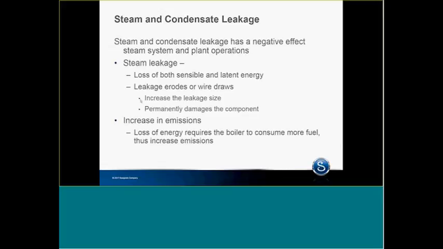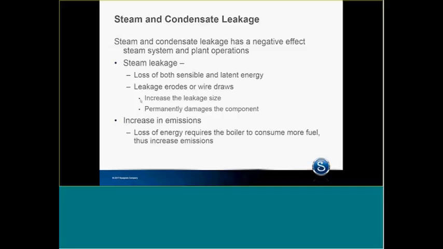So we can do calculations based on the EPA that give us how many pounds of CO2 a steam leak will cost us, and how many pounds of SO2. So not only is it energy, safety, and reliability, but also think about emissions. I've done steam leak corrections for plants that are in containment areas.